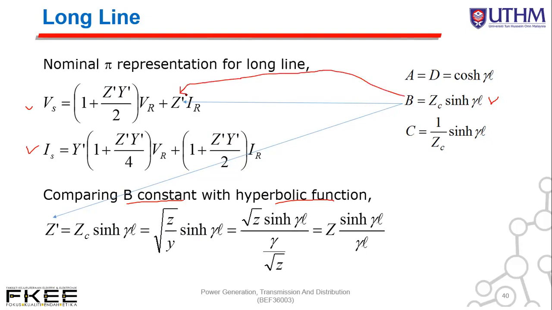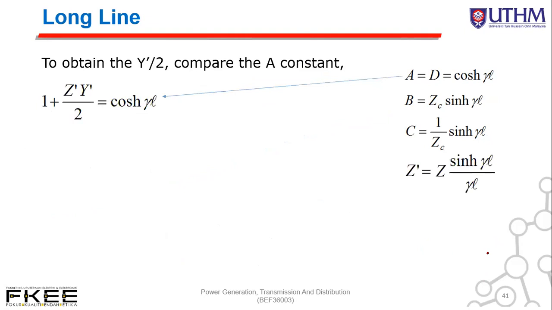So Z prime equals ZC sinh gamma L, where ZC is equal to square root of Z over Y. Further elaborating this equation, we get square root of Z sinh gamma L over gamma over square root Z. So finally we get Z prime equal to Z, that is the impedance, times sinh gamma L over gamma L.